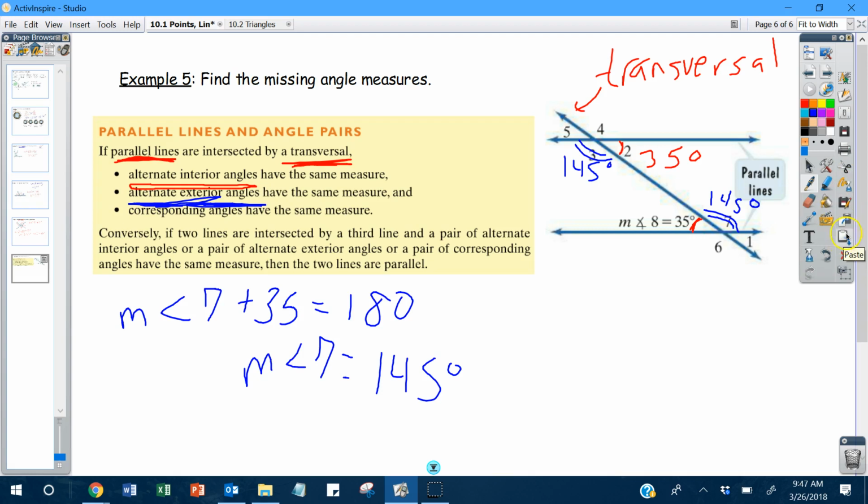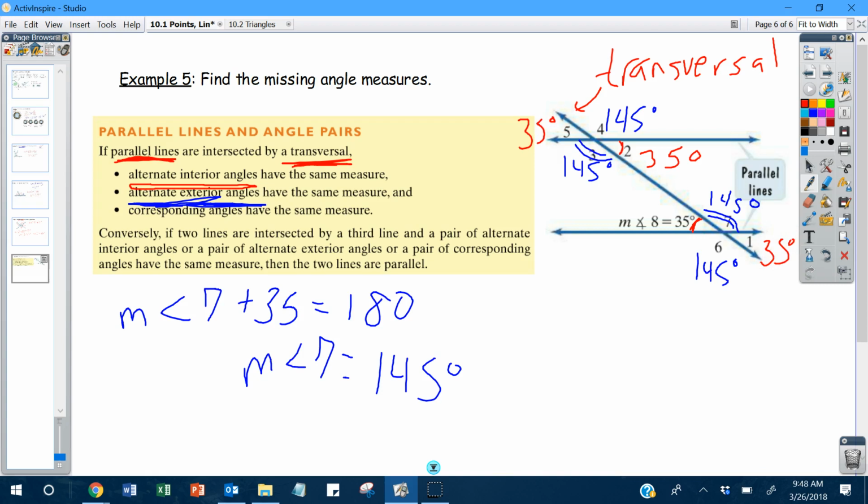And then, let's see. I'll tell you this last one in a second. We actually have enough pieces now to finish this off, because we have vertical angles down here and we have vertical angles over here. In other words, angle 6 is 145. Angle 4 is 145, and we have angle 2 is 35, or angle 5 is 35, and angle 1 is also 35.